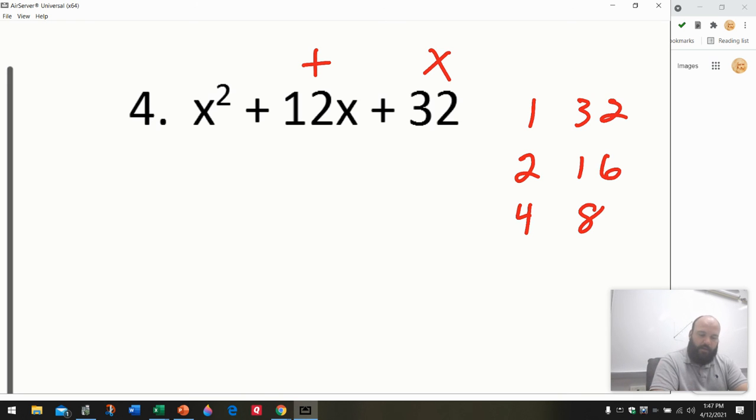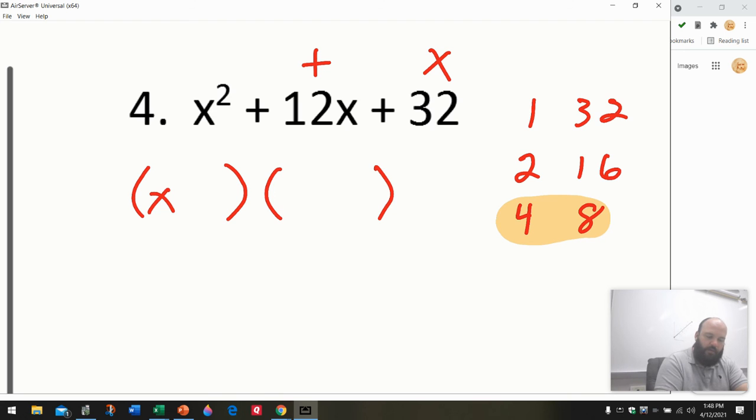And I think that's it. Yep. Which two give us 12? You can see 4 and 8 add up to be 12. So we write our parentheses. X and an X, and then a plus 4 and a plus 8. And there's our factored form.